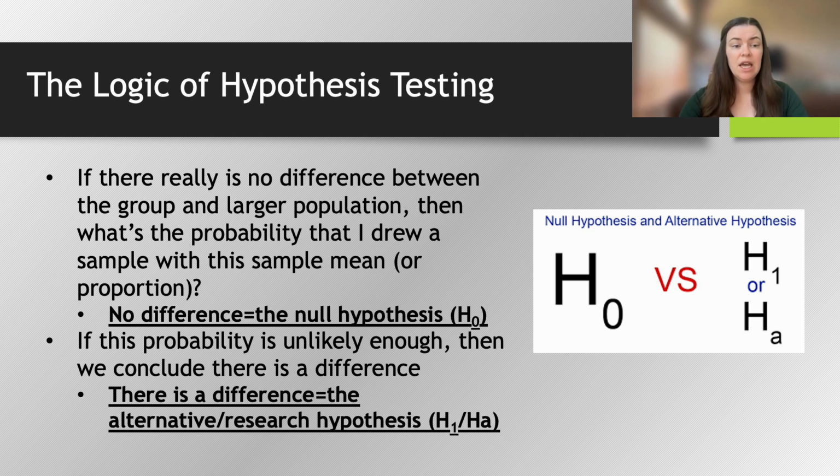In this case, if there really is no difference between the group and a larger population, again re-invoking that idea of samples versus population parameters, then what's the probability that I drew a sample with this sample mean or proportion? Again, we're going to be using both in this case. Recall that within the normal distribution, the mean, median, and mode are clustered at that middle point, our 50th percentile. Because of that, if our sample mirrors what's in the broader population, then it's no different from it, right? So that's our null hypothesis that we're testing here.